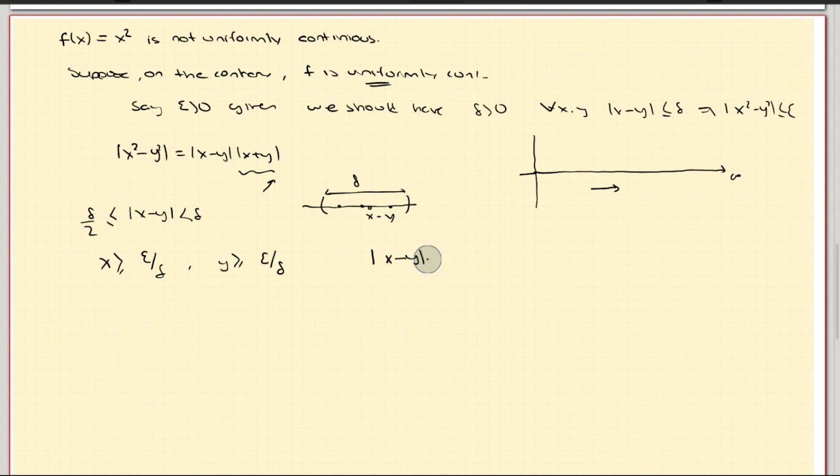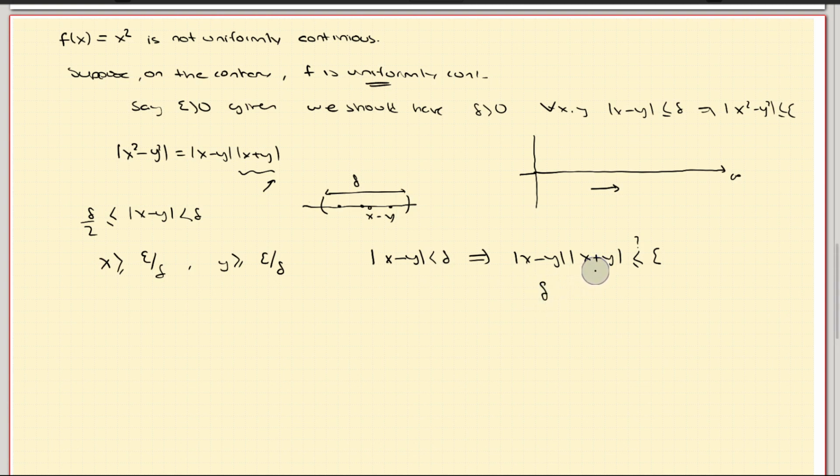The distance between x and y is less than delta. This is correct. Does it imply that the multiplication of x minus y and x plus y, which is basically equal to this one, is less than or equal to epsilon? It's actually not. So for any epsilon and delta, we can make it happen, right? The x minus y is less than delta, you know that.